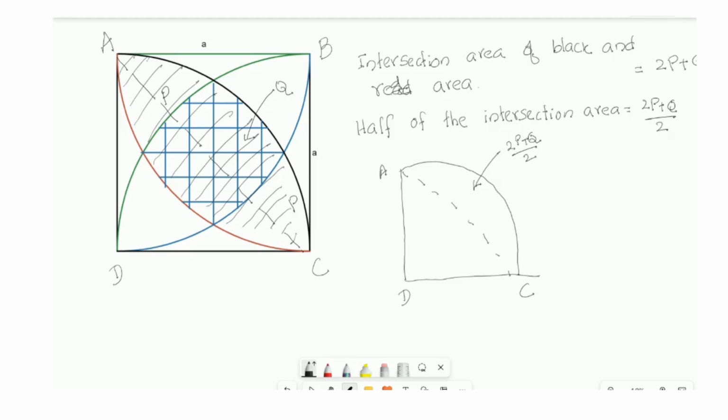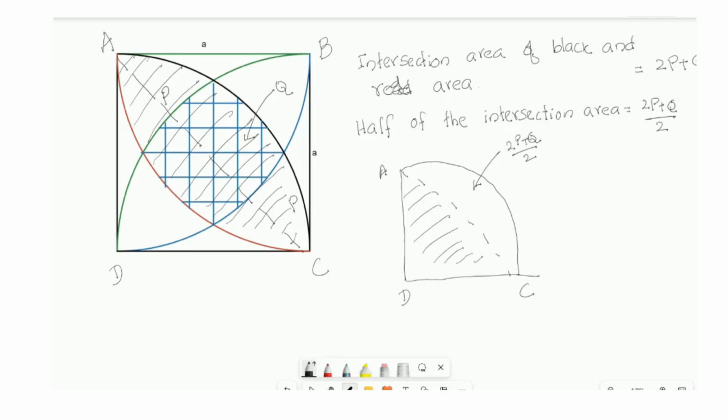Now I can get that separately. That is the sector area. ADC is a sector. The sector area minus this triangle area.